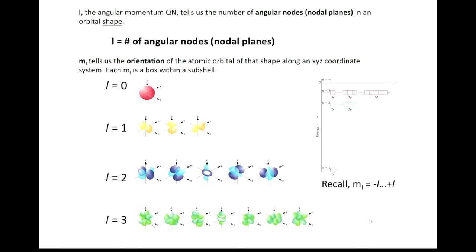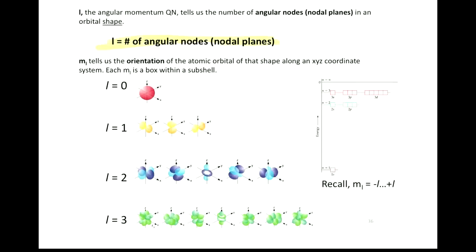So we oftentimes talk about the L quantum number, the angular quantum number, because it tells us our shape. All right, so that L quantum number 0, 1, 2, 3, our S, P, D, that talks about our shape. And I mentioned this before. That number 0, 1, 2, 3 is actually the number of angular nodes or the number of nodal planes in that shape.